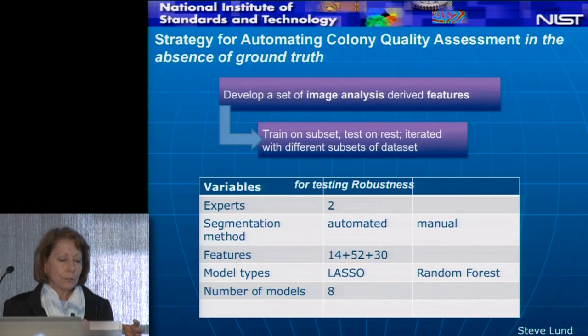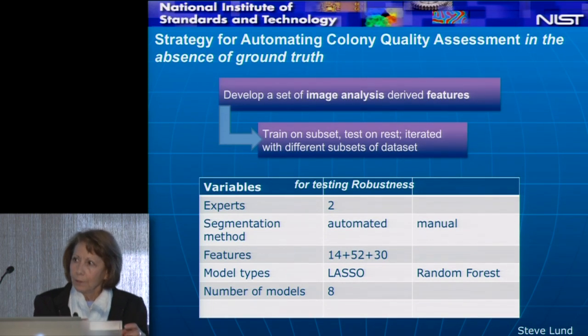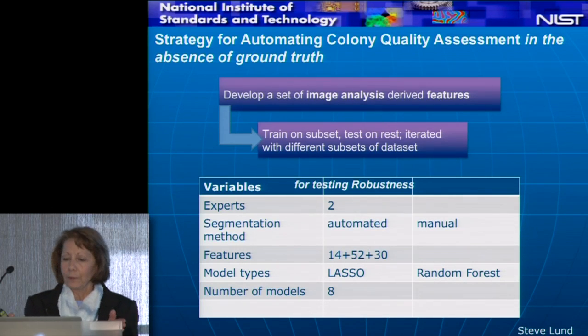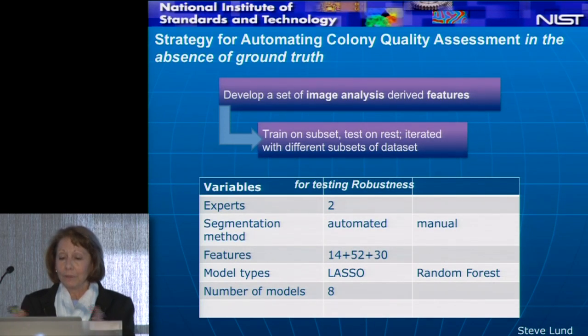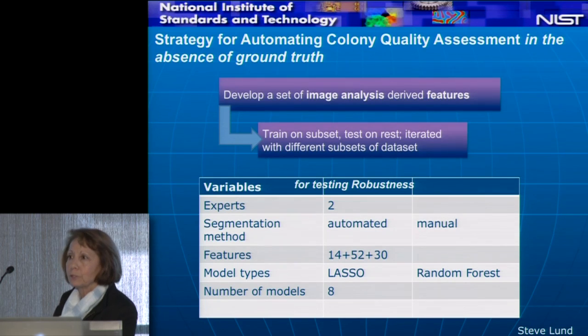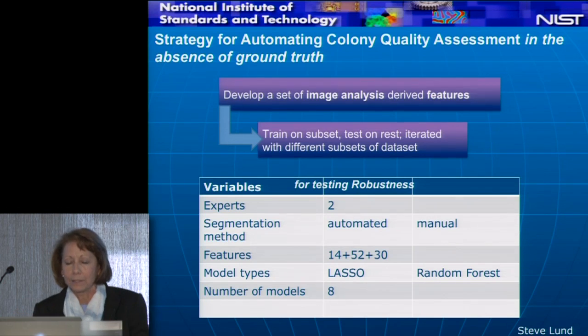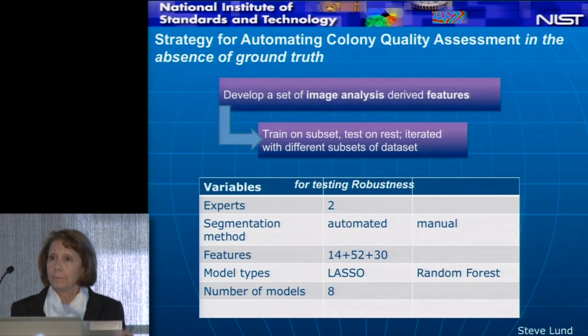You train algorithms to choose those features that most closely reflect the expert score, and then you take another small set and test it against that model. You randomly choose another subset to do training and testing, and it's an iterative process until you reach a minimum variance between the testing set and the training set, and then you have a model that does some good estimate for you.